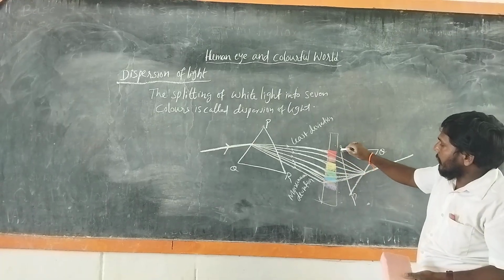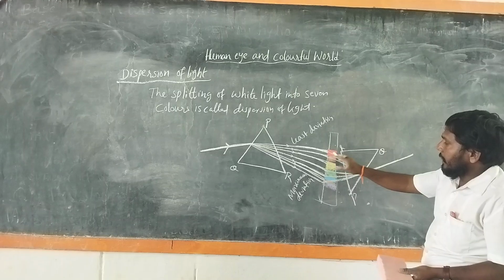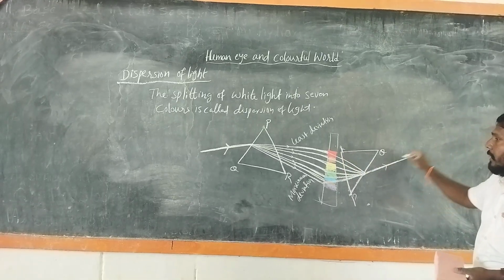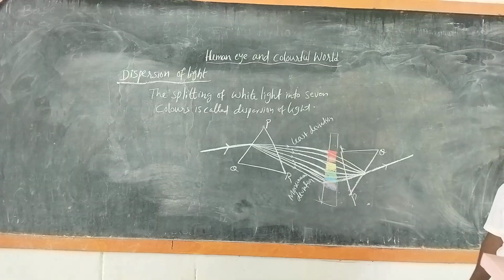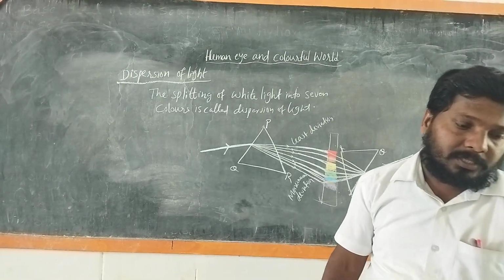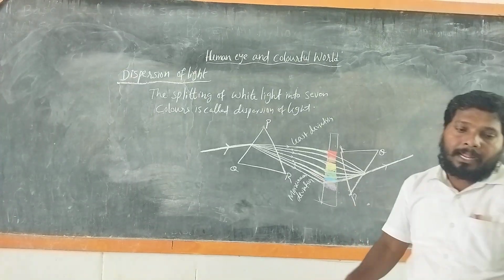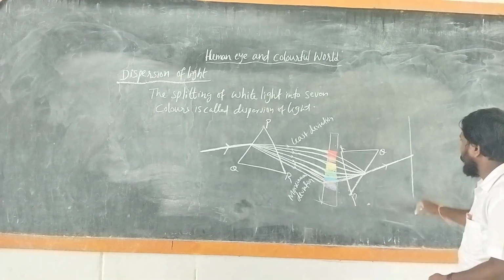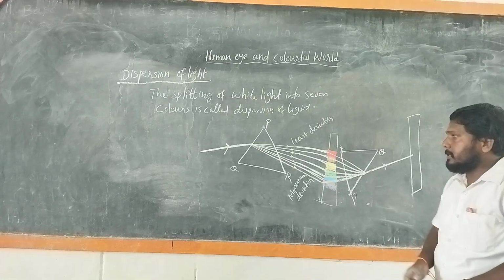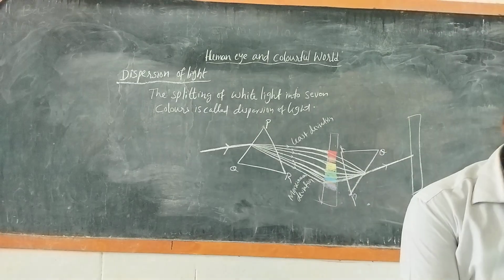If these colors again pass through a glass prism, all the 7 colors are mixed and white light comes up. So the 7 colors of the spectrum can be recombined to give back white light. The white light is formed on the screen. So, recombination.